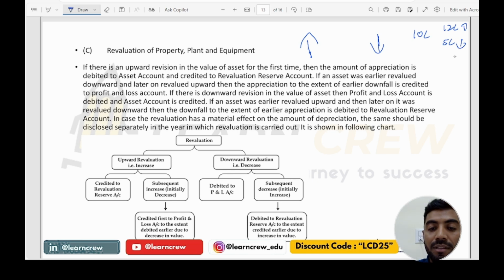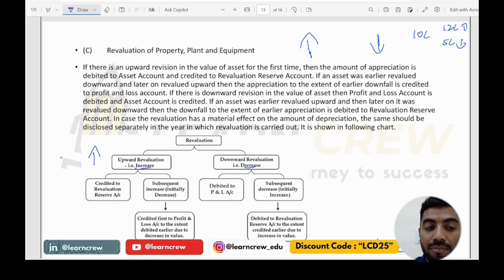In that, we have another two different types. We'll directly look at the diagram given here, the revaluation account. When you do revaluation, there is upward revaluation, which is an increase, and downward revaluation, which is a decrease. If there is an upward revaluation, that is, an increase in the value of an asset, then whatever the difference or increase is will be credited to the revaluation reserve account.